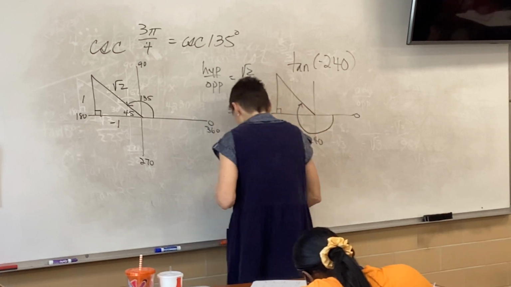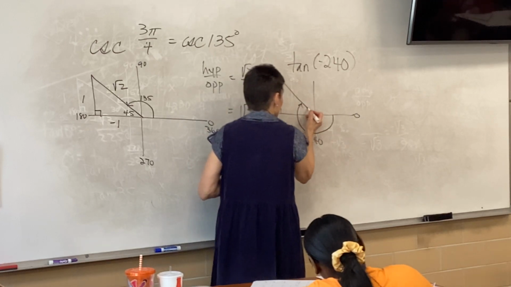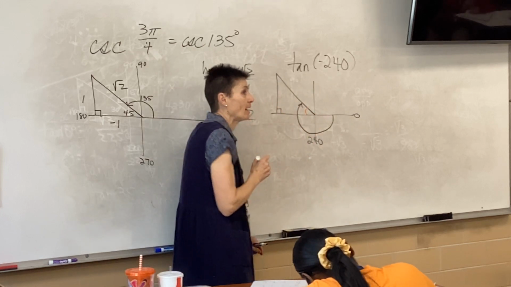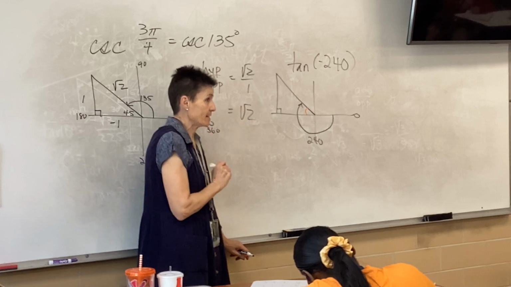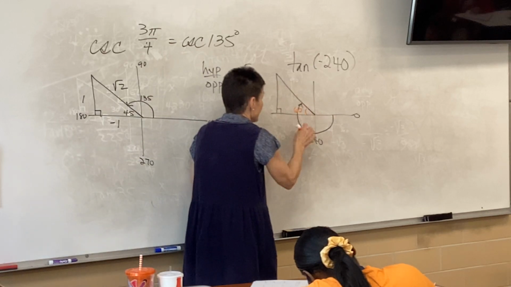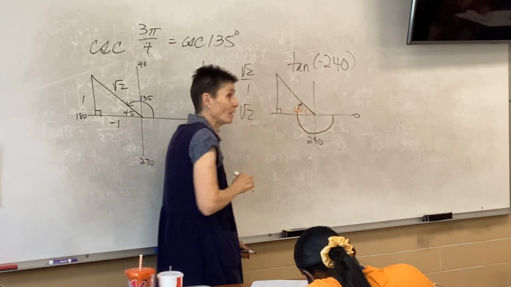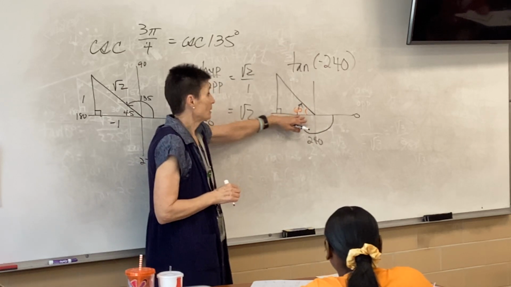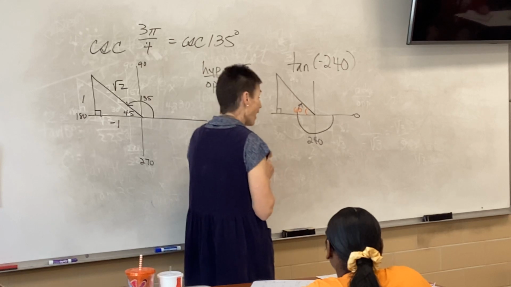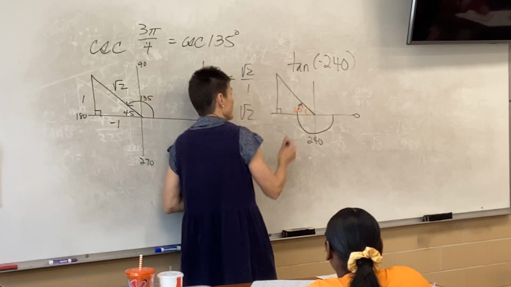Okay. Now, this angle was 240. This is the one that matters, right here. That's the one you have to figure out. How big is that angle? 60, because we went 60 past 180. 180 is like your baseline there. Okay, so what do you know about the sides of a 30, 60, 90?